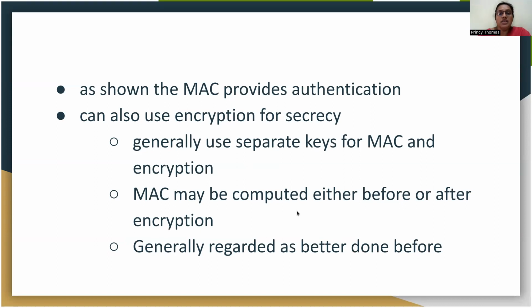But in general, you sign the document before you put it in the envelope. Okay. So normally the MAC is appended before the encryption is done. Okay. So that is the rule if you require both secrecy as well as authentication. I mean, if you want to send the message secretly and have it signed.